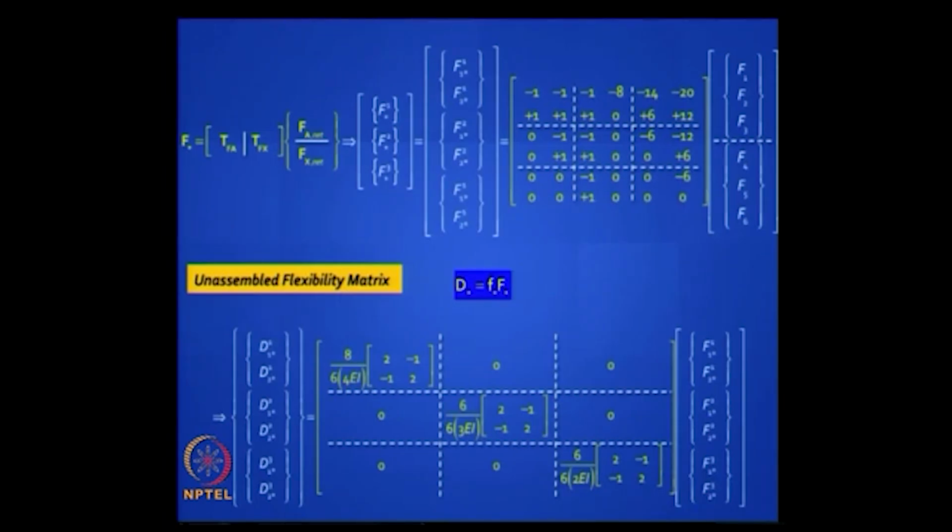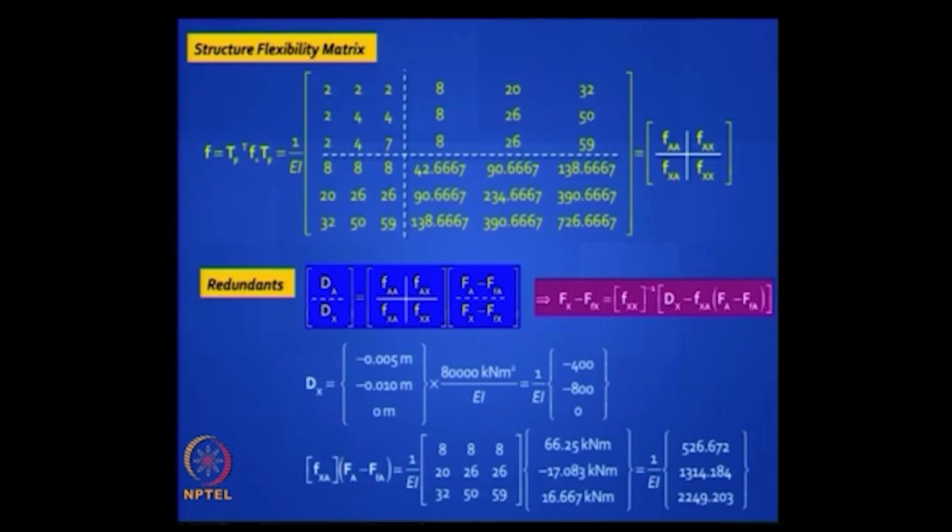All you need to know is what is the length, what is the span, 8 meters in the first case, 6 meters in the second case, 6 meters in the third case. What is the EI value? 4 EI in the first case, 3 EI in the second case, 2 EI in the third case. That is all, just plug it in. So you got the F star, you got the TF, what do you do next? Get F. Okay, do not even waste time, you get it.